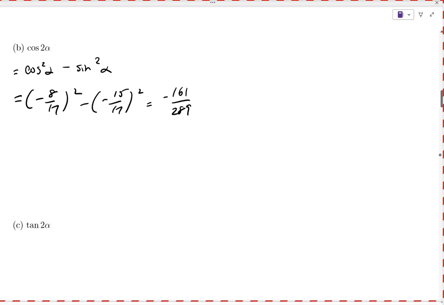What was another one of the formulas for cosine of 2 alpha? What was another one that we had? Minus sine squared alpha. It was 1 minus 2 sine squared alpha, right?